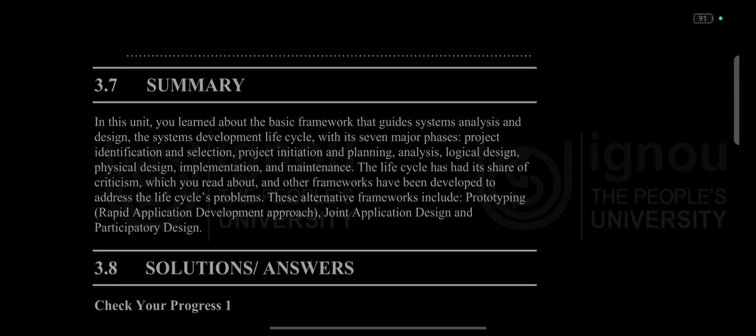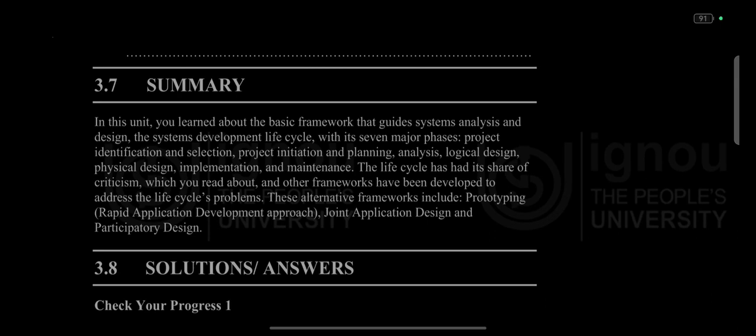Now we will see the summary. In this unit you learned about the basic framework that guides systems analysis and design, the systems development life cycle with its 7 major phases: project identification and selection, project initiation and planning, analysis, logical design, physical design, implementation, and maintenance.